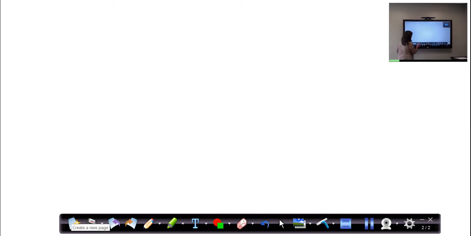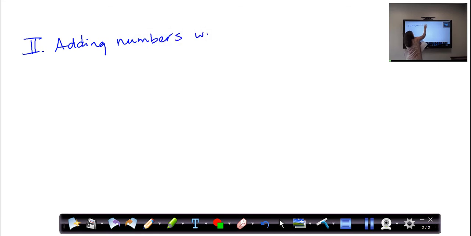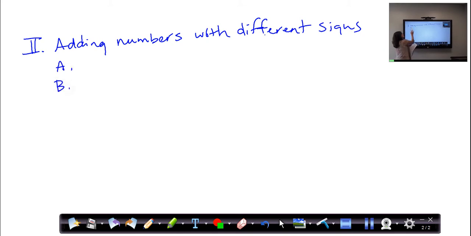Now let's take a look at what happens whenever you have numbers that have different signs. Adding numbers with different signs. And just like on the last one, we'll fill these in here in just a minute.